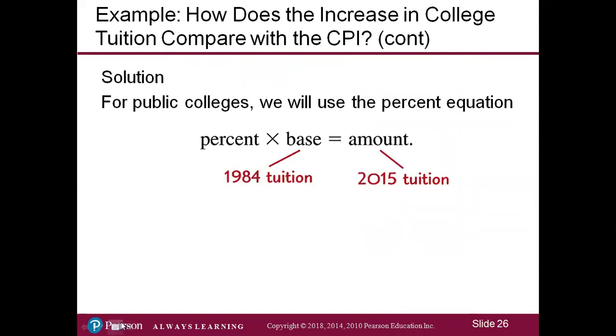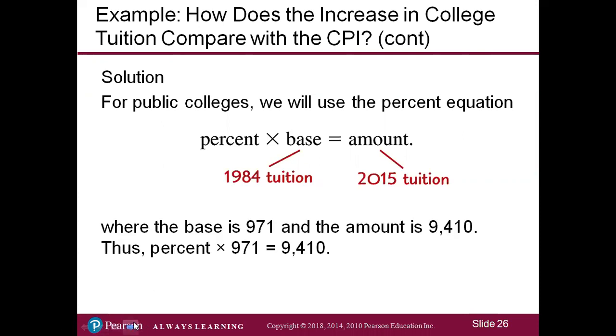For public colleges, we will use the percent equation: percent times base equals amount. Percent times the 1984 tuition equals the 2015 tuition, where the base is 971 and the amount is 9,410.